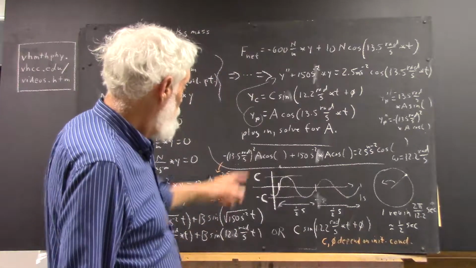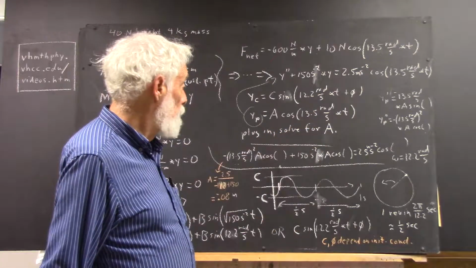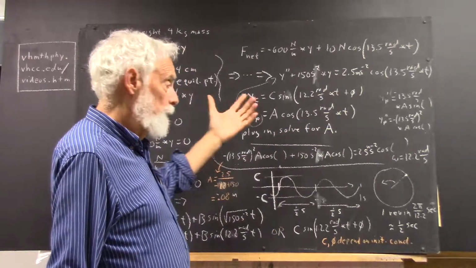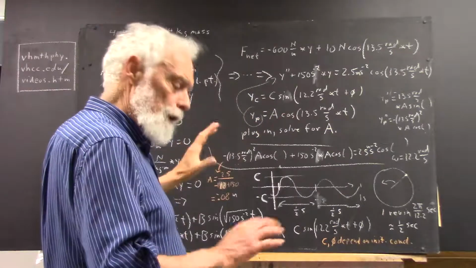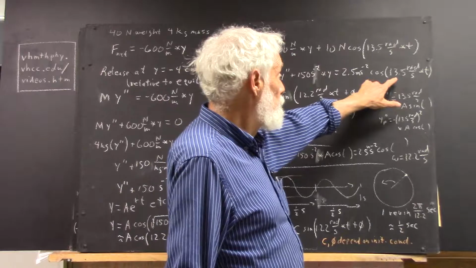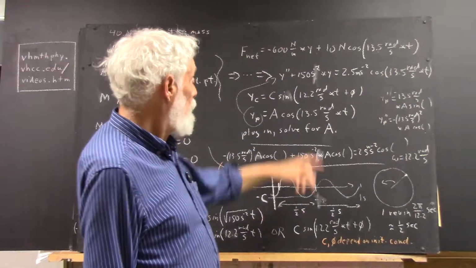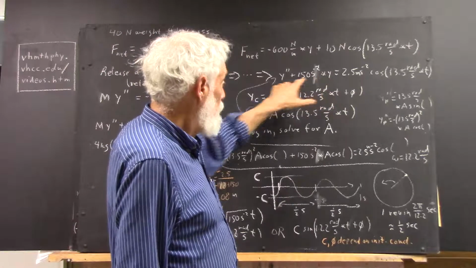Okay, so particular solution. We plug this particular solution in. So, the particular solution is going to be, okay, let's talk about why we have this. We have to get a cosine of 13.5 radians per second times t out of a combination of y and y double prime.